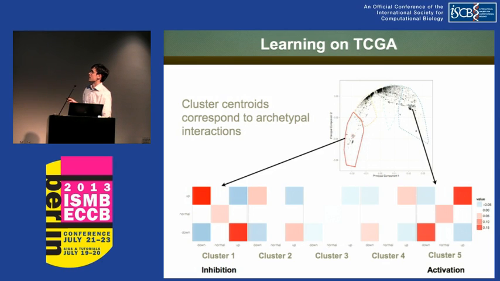So these two have a higher value in the center, and up here there's a lower value in the center. This is really cool because it's a really nice gradient across inhibition to activation. So it seems like we're actually learning something.